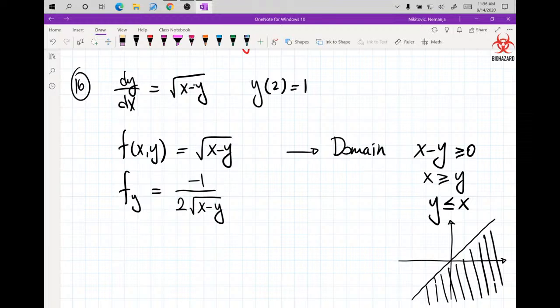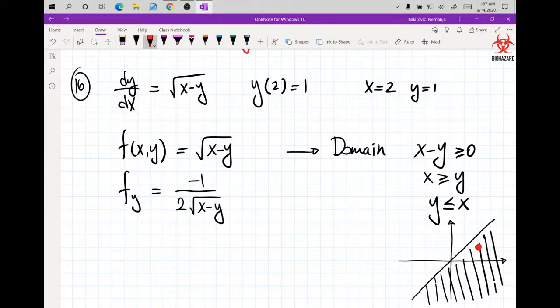Now, what is my point here? My point is x equals 2, y equals 1, and here is the (2, 1) right here. Maybe I should make it red to stand out. There we go. So that's my point, and clearly it's in the domain, so it makes sense for us to look for derivatives and uniqueness and all of this kind of stuff, because the point is in the domain.